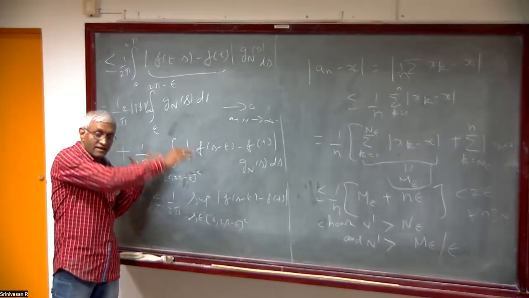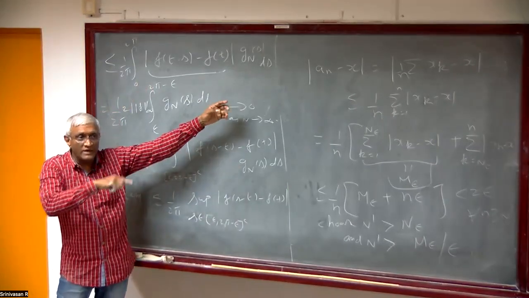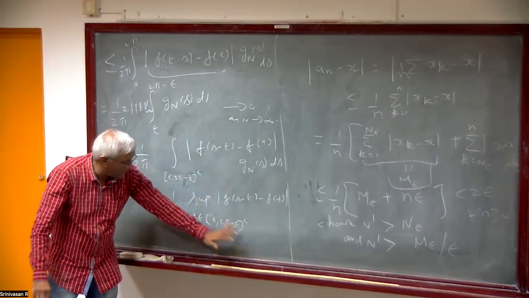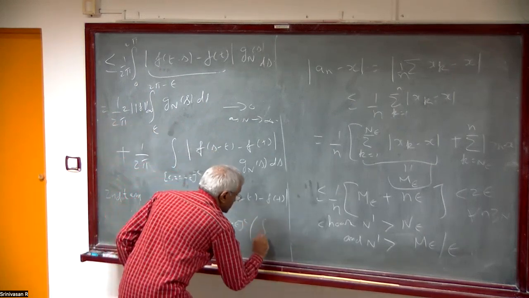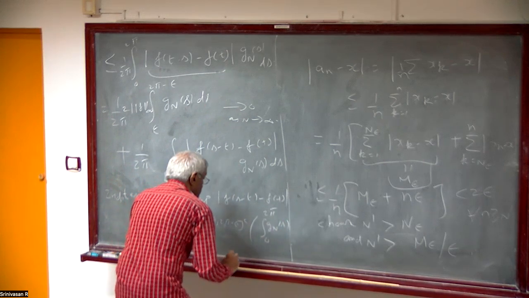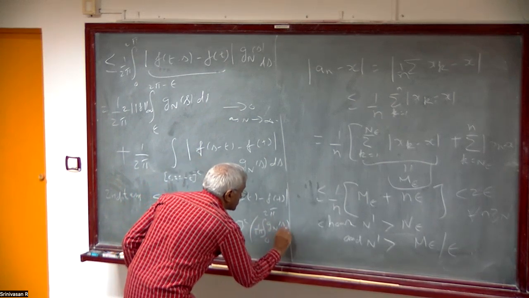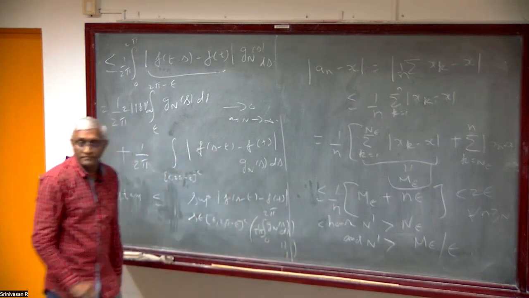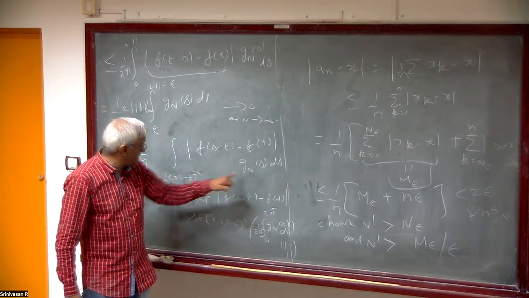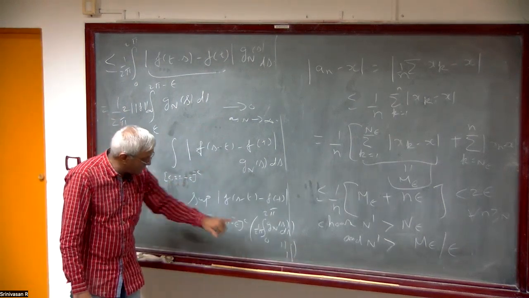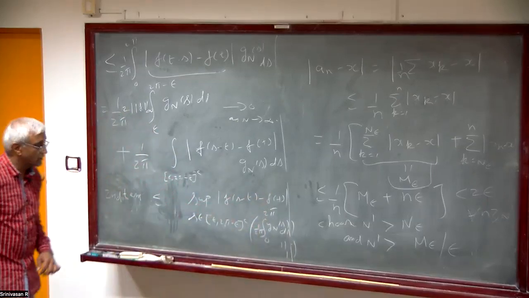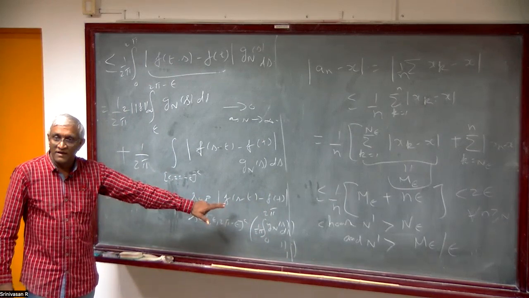So it is less than the whole integral from 0 to 2 pi, and that is 1. So I don't write it, times 1. I take this out and get the integral over this region, which is less than or equal to the integral over the whole, and that is equal to 1. So I have only this.